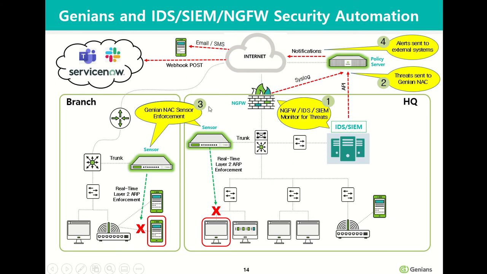You can actually quarantine devices using a Genian NAC sensor. In this example, we're only tagging nodes that Genian NAC detects organically, and then we're sending out notifications externally. And in this case, we'll be talking about a webhook post to an external system, specifically in this case, Slack.